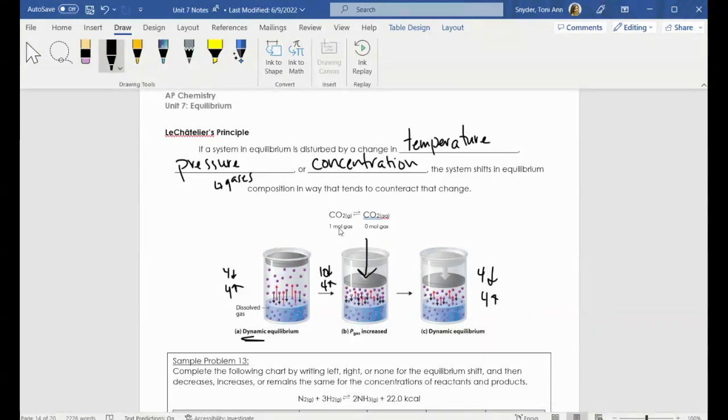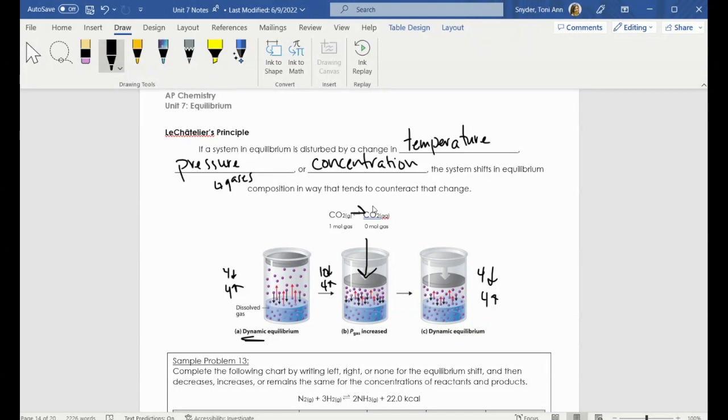So once I increase the pressure, that's going to favor the side of the reaction with fewer moles of gas. Because if I increase the pressure, it doesn't want to be a gas anymore. It wants to go dissolved into the solution, right? So I have this equilibrium, I'm applying a stress and forcing it to go in one direction, and I'm favoring the product side.